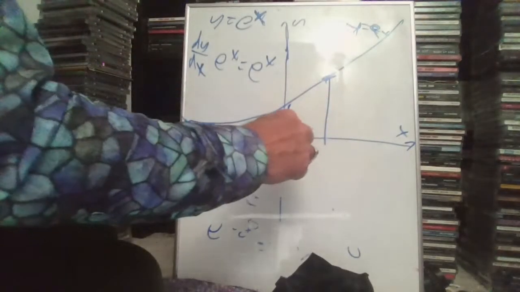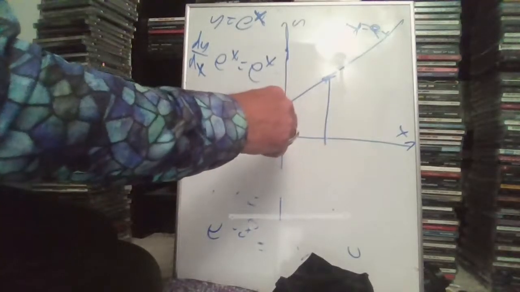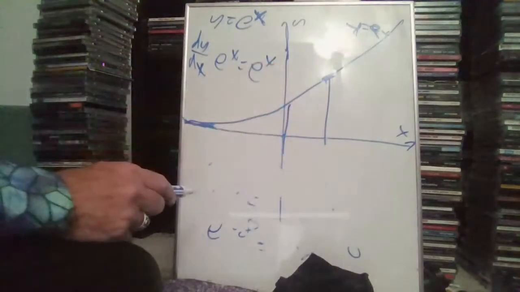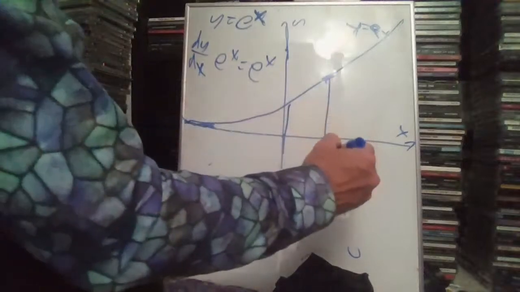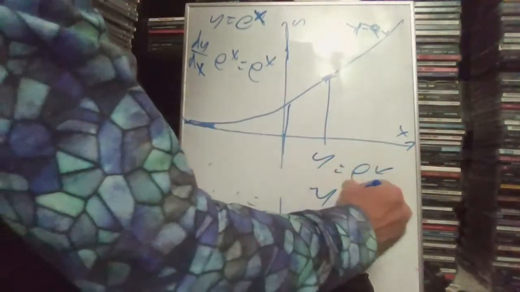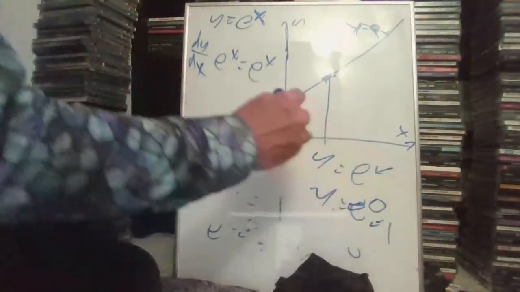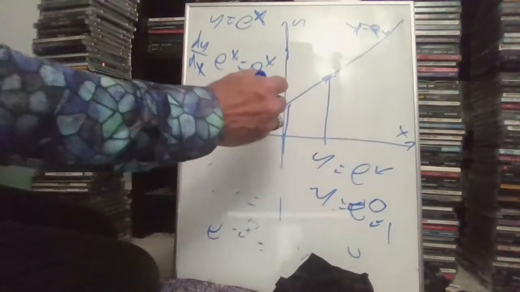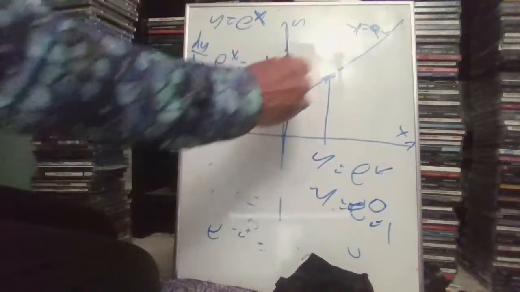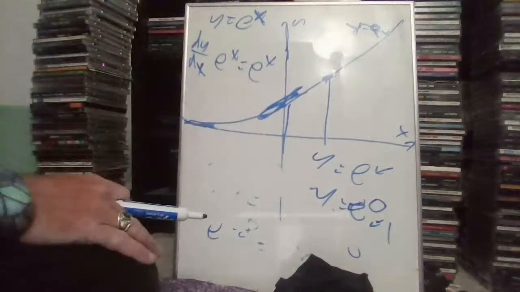At x equals 0, y equals e to the 0, which is 1. So right here, the value of the function is 1, and the slope of the function is 1, because that's what it has to be: the derivative of e to the x equals e to the x.